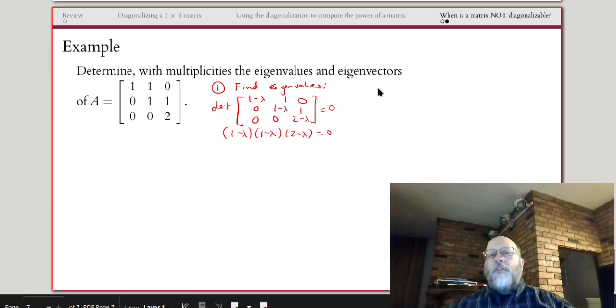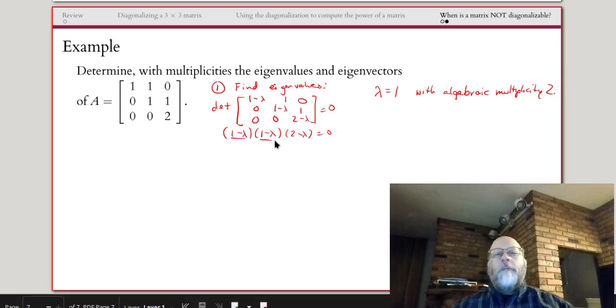And so we get 2 eigenvalues. Lambda is equal to 1 with an algebraic multiplicity of 2, because it's a root in 2 places, and lambda is equal to 2. And we don't have to say with algebraic multiplicity 1. If we don't say, that's just automatically applied. All right. So now we have to find the eigenvectors.